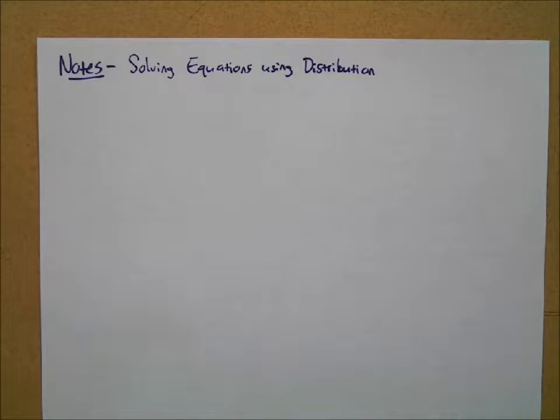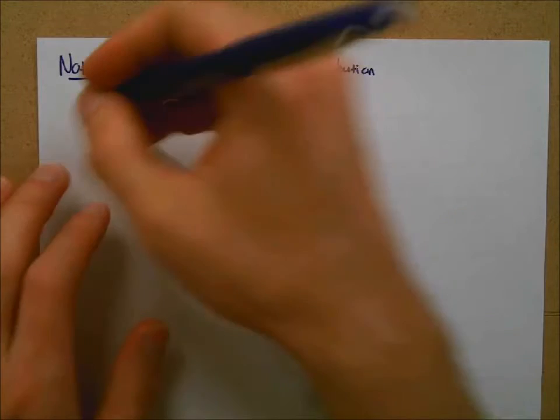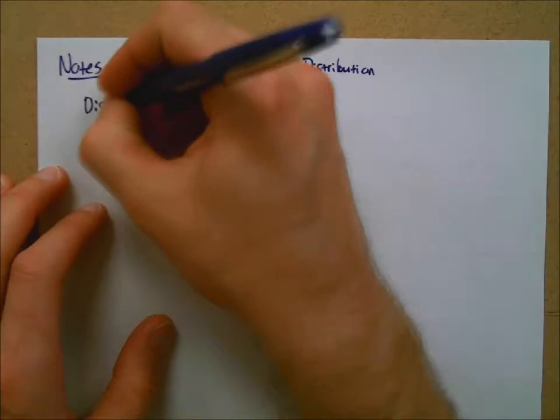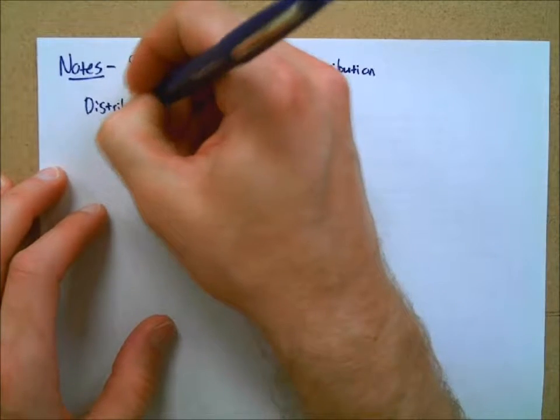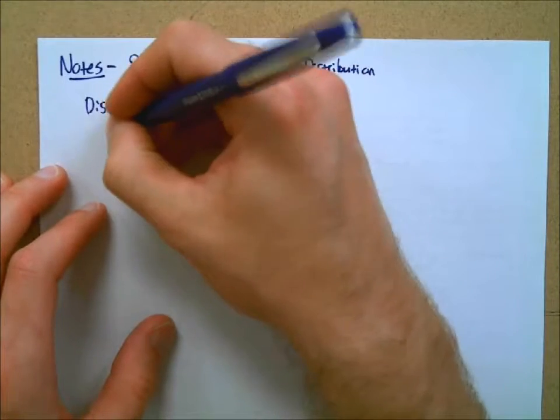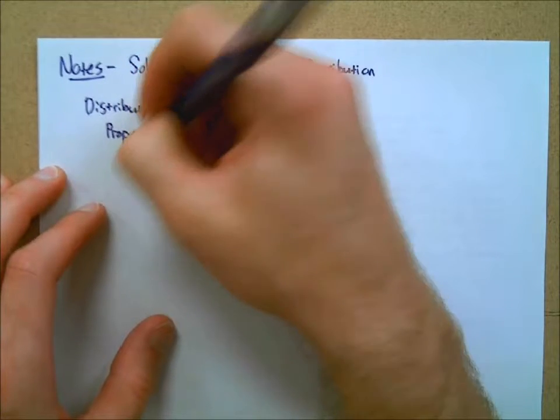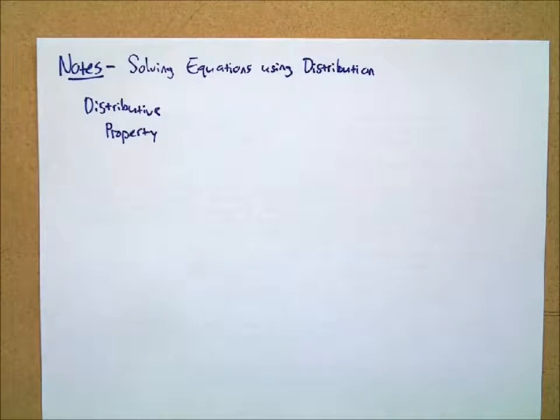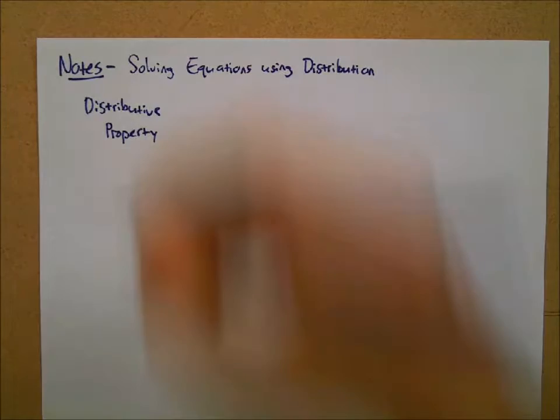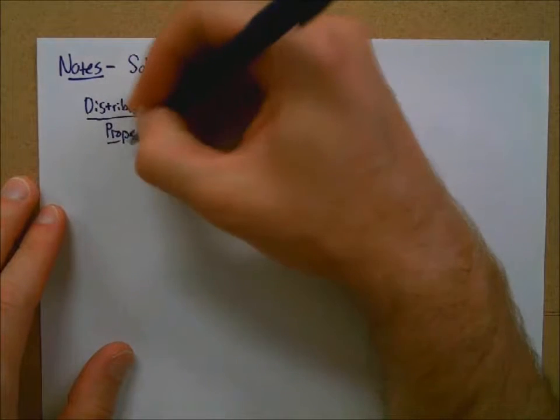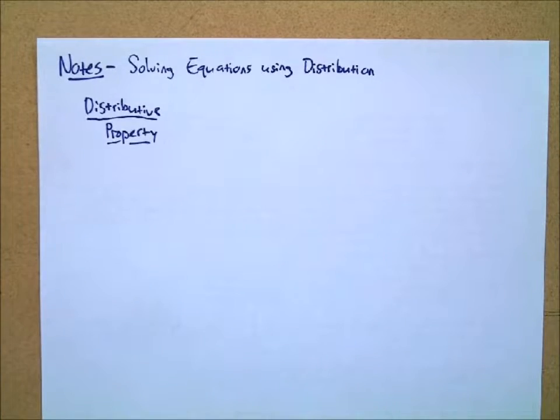So I'm going to briefly talk about the distributive property. Okay, and then I'll give you an example of it, and then we'll do some equations with it and get you some practice too. Okay. So the distributive property looks something like this.